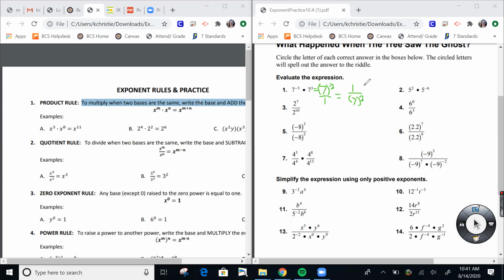From there, we just have to simplify. And so my numerator is already simplified as far as I can get it as a 1. And then my denominator is 7 to the second. I know 7 to the second is going to be 49. And so my final answer for number 1 is 1 over 49.